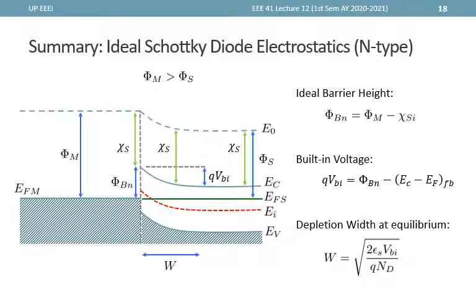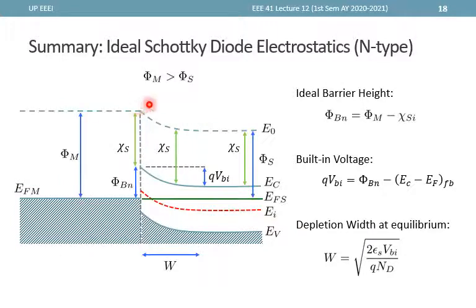So in summary, for our ideal Schottky diode electrostatics with an n-type semiconductor, so here we have an n-type semiconductor. We have defined for the metal its work function, the difference between E naught and EF.